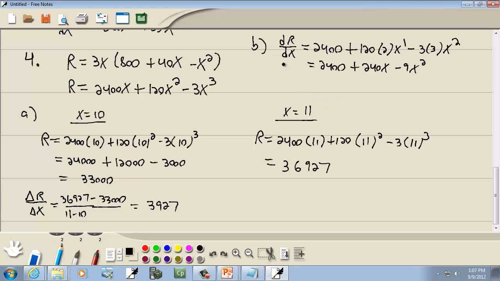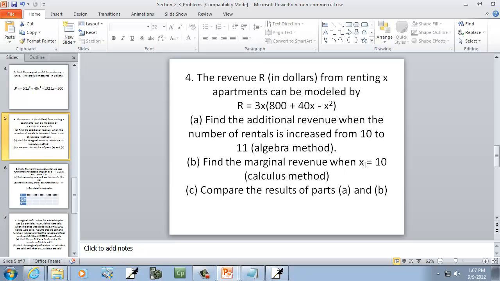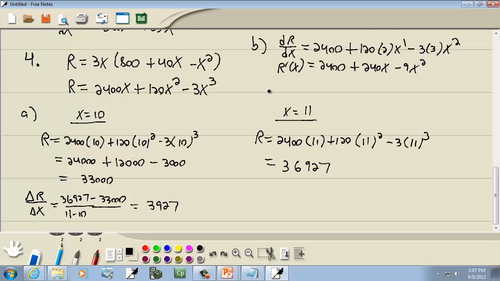Now this is that notation, but I could put it back into R prime of x. And what they're asking us to do here, this is a generic formula that gives us the rate of change at any point. So they're asking us to find the marginal revenue when x is equal to 10. So we're going to put 10 in for x. So we got 2400 plus 240 times 10 minus 9 times 10 squared.